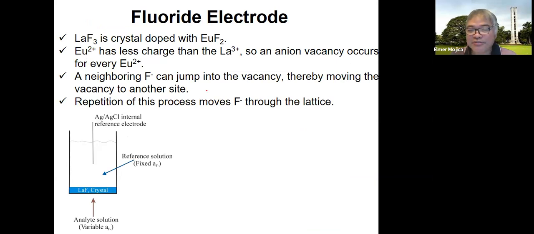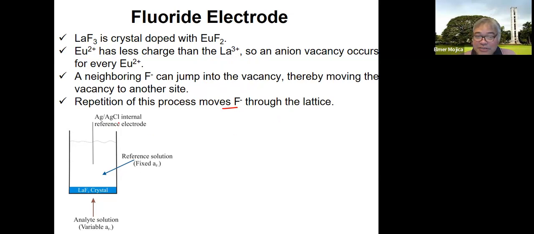So an ion vacancy occurs for every Eu2+, because there's a deficiency in the charge, right? 2+ is less than 3+. So a neighboring fluoride can jump into the vacancy, thereby moving the vacancy to another site. Repetition of this process moves the F- through the lattice.